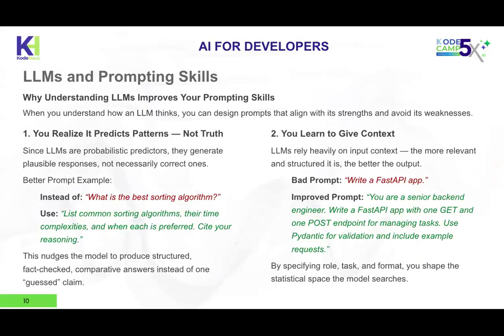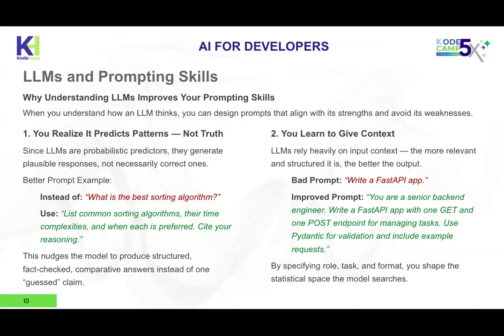The first thing that you understand when you realize how prompts work is that large language models are predictors. They are predictors of the next word based on the whole list of previous words that you've given to it.